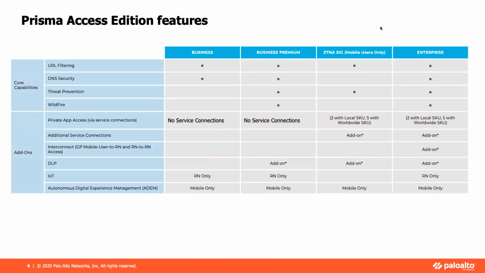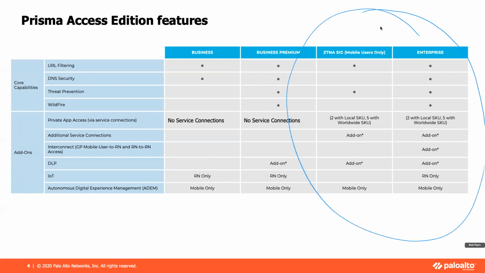The two that give you the ability to have these service connections, if there's an existing data center where you might have an authentication server or a DNS server or something like that that users require access to, whether they're mobile users or users, say, in a branch office that need to get back to the main data center to authenticate, we have two different licensing models for that.